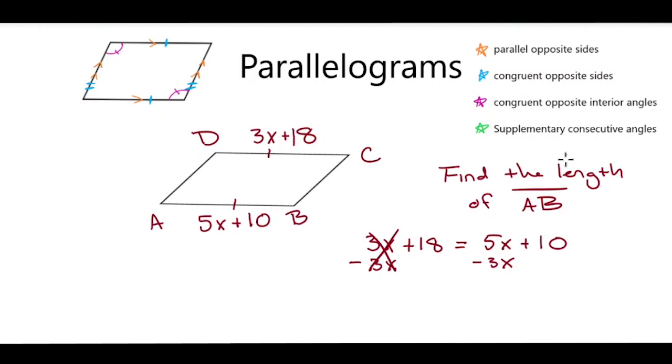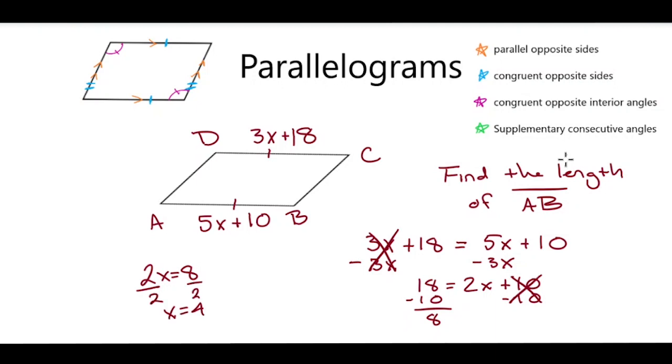And those cancel, and I'm left with 18 equals 2x plus 10. Then I'll subtract 10 on both sides, and I'm left with 2x equals 8. All right, so if I have 2x equals 8, I'll divide both sides by 2, and x equals 4.